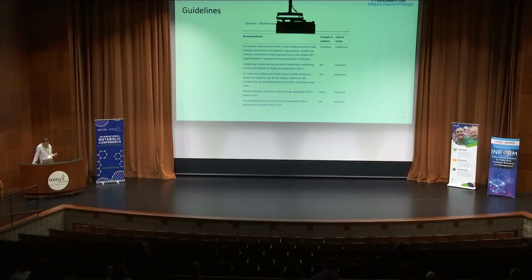And they really scored it too: what was the strength of the evidence, what was the literature out there. It was really interesting that a lot of it was fair, weak consensus, but it still had guidelines that came out of it. Even though there's not a lot of evidence out there, we have a lot of experience as experts to say this, but hopefully we can go back as more publications come out. The guidelines are not a one and done thing. We're going to keep going back and keep updating them.